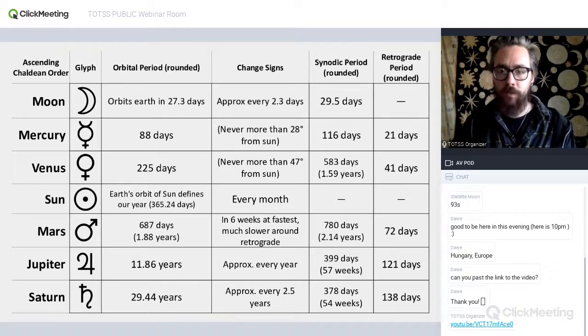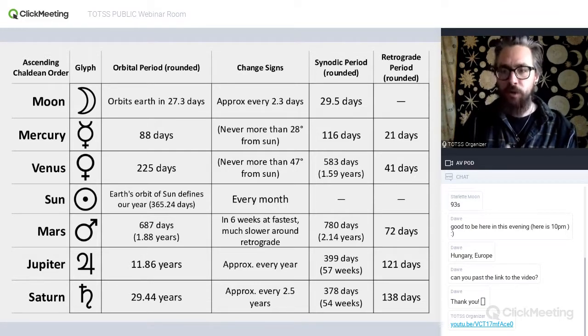Now, the sun's apparent motion is defined by the Earth's orbit around the sun. And that literally just defines our year, which is 365.24 of our days. All the days here I'm using are Earth days, not the individual planets' days. This is all Earth days and Earth years.